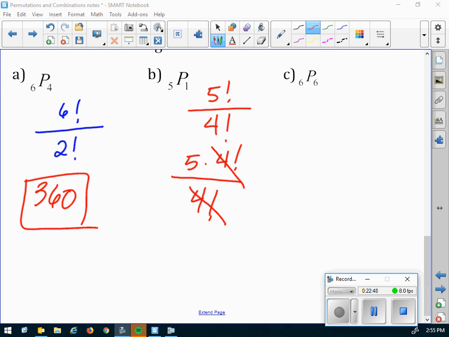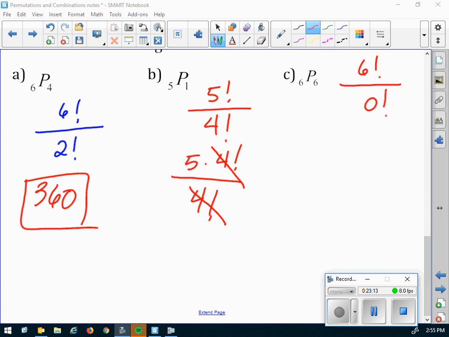Let's do the formula. What's the formula say? N factorial over 6 minus 6 factorial. Times 5 times 4 times 3 times 2 times 1.